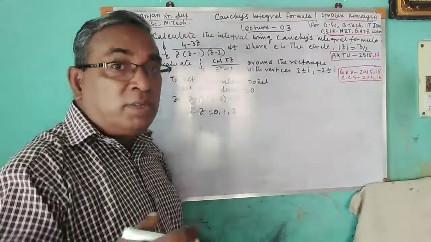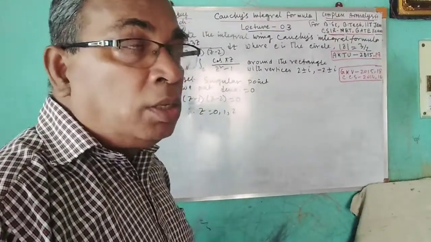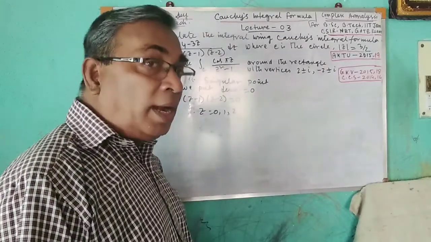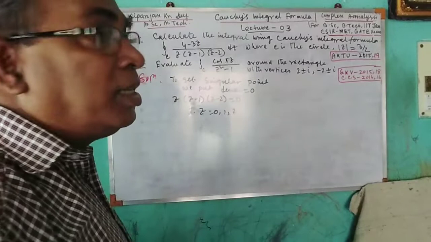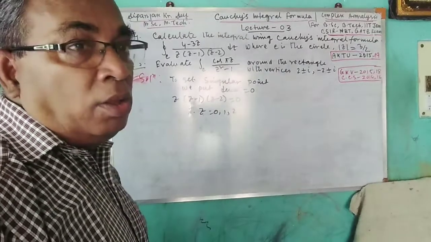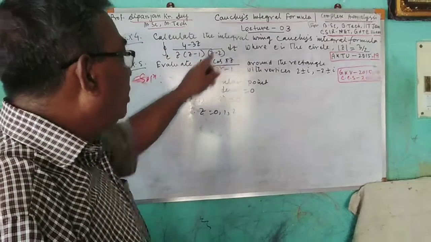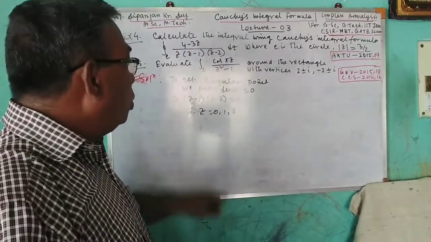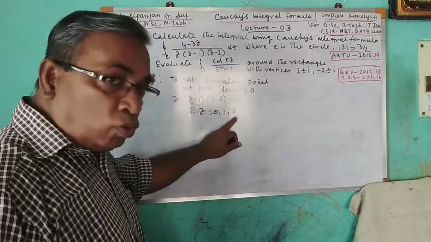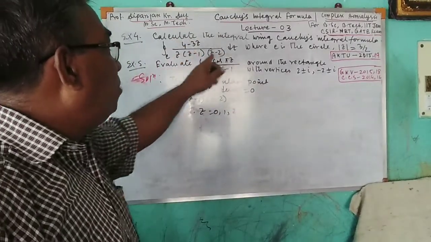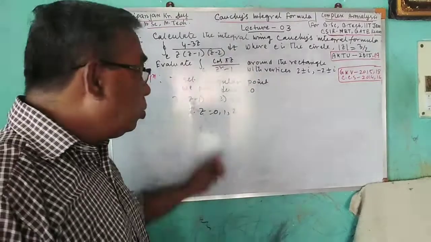A singular point is a point for which the function is not defined. For what values of z is this function not defined? When z equals 0, 1 or 2, if we put them in this function, then f(z) is not defined. So these are the singular points.